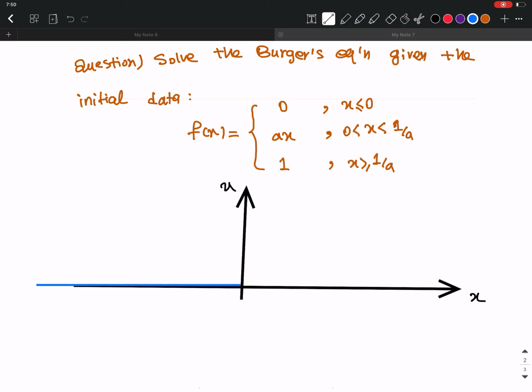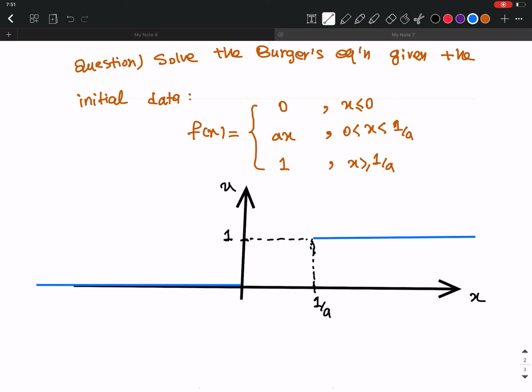And when x is greater than 1 over a, so let's say 1 over a is here, and if this is 1, then f(x) or u is gonna be 1 at time 0.